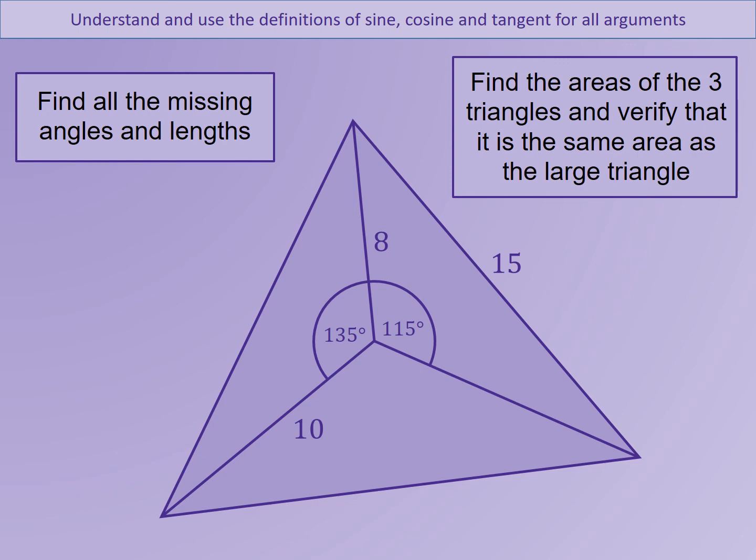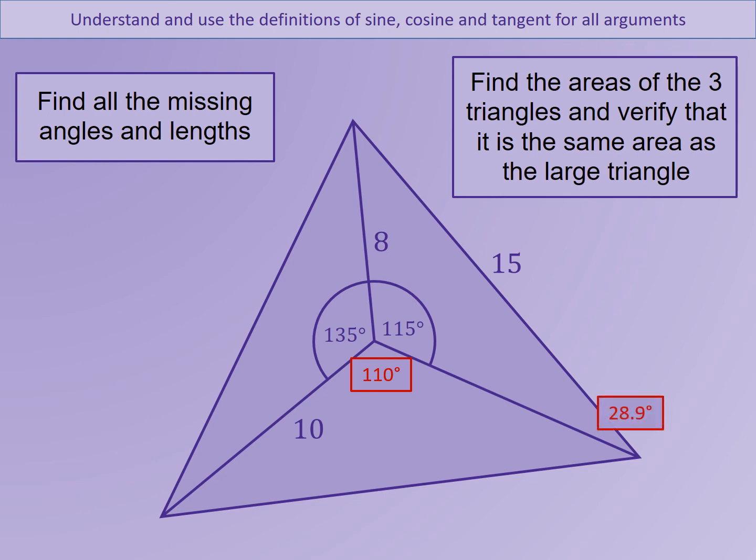Okay, so let's have a look at what the lengths of the sides and the angles are that are missing. So 110 for the center angle, because all the angles around a point add up to 360. And then the others are as follows.